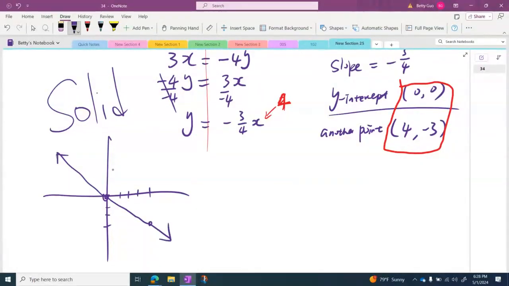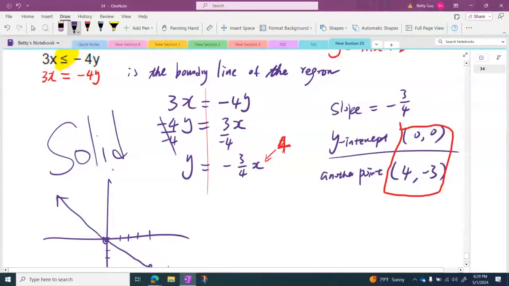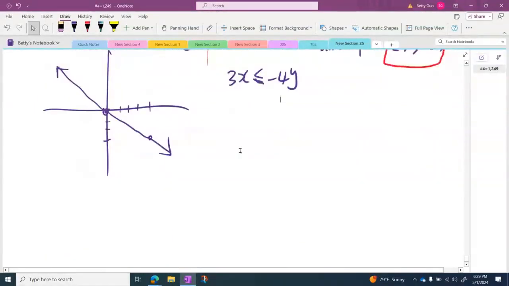And we need to find a testing point using the original inequality. Once we have our boundary line graphed, we are done with the equation. We need to go back to the original inequality. In this case, (0, 0) doesn't work anymore because (0, 0) is on the boundary. It's on the fence. It cannot be used to decide which region is the solution set, right?